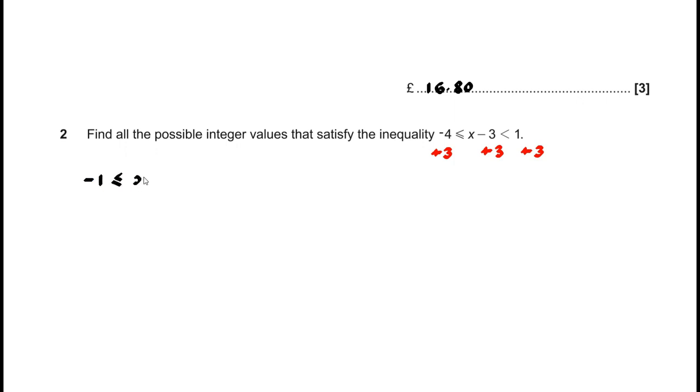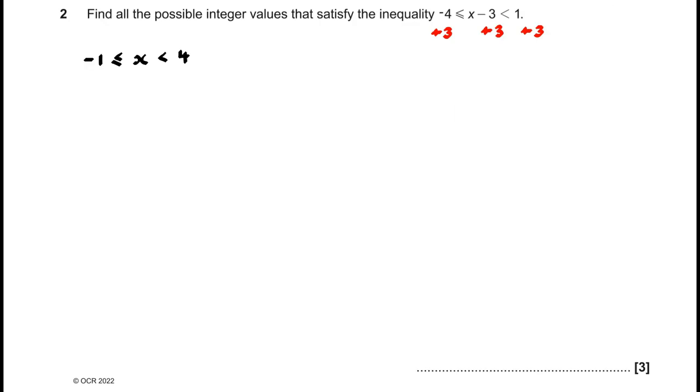This is less than or equal to x, which is less than 1 plus 3, which is 4. We need all the values of x in between -1 and 4, including the -1, not including the 4. So we have -1, 0, 1, 2, and 3 as our integers.